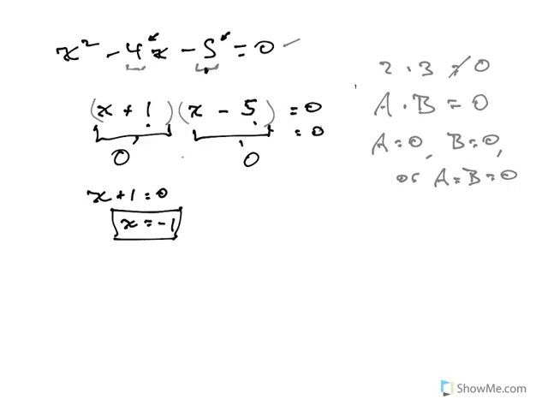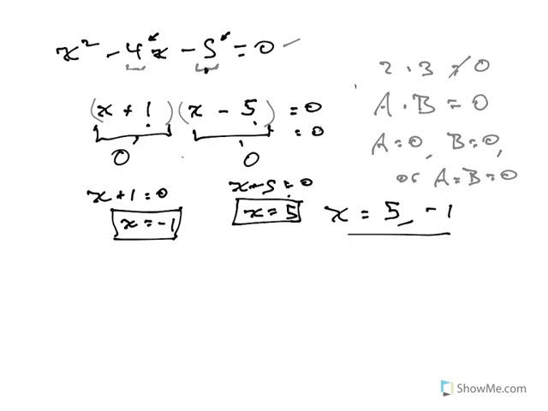What about the other one, x minus 5? X minus 5 is equal to 0. When is this true? Well, it's true if I bring the 5 over to the other side. It becomes plus 5. X equals plus 5. And so now I have my two answers. X is either 5 or minus 1.